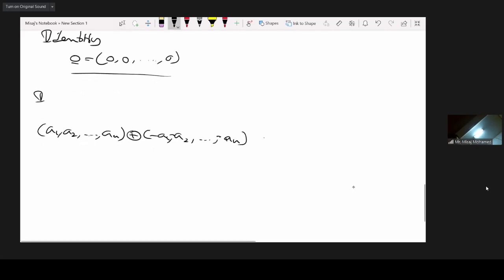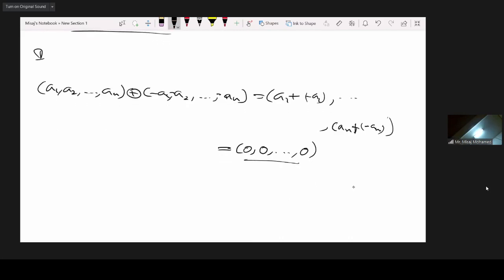If you add, A1 plus minus A1, and like that up to AN plus minus AN, right? 0, 0, 0. So this is the identity. After adding the inverse, you have to get the identity. So this is the way, right?